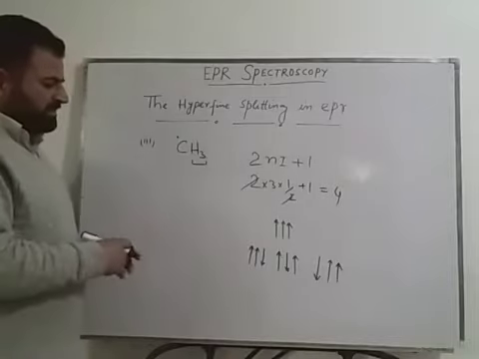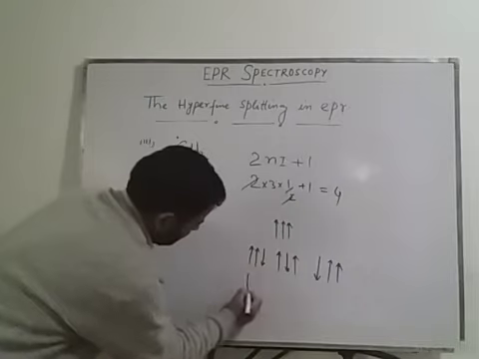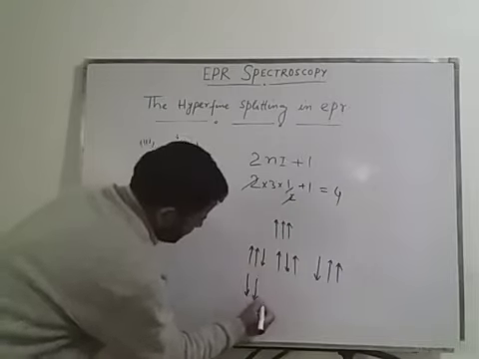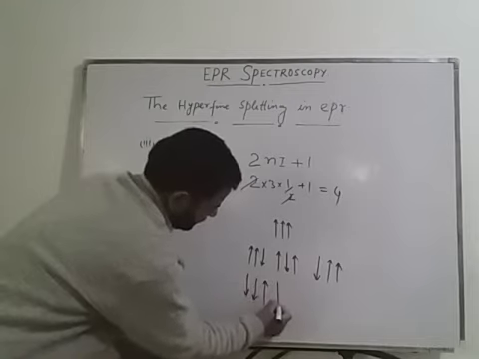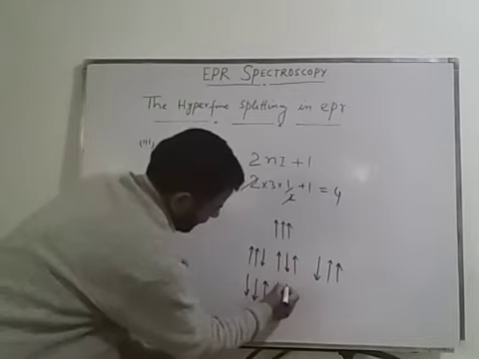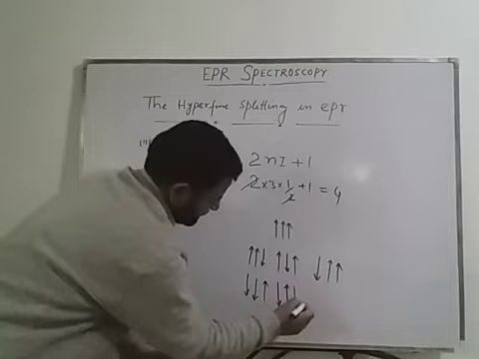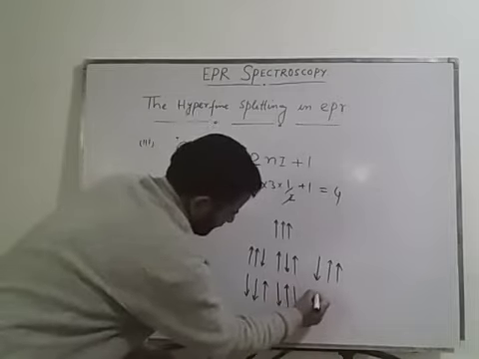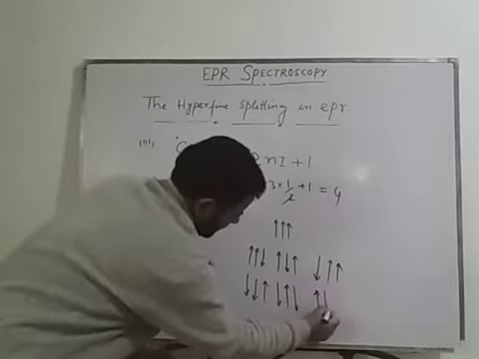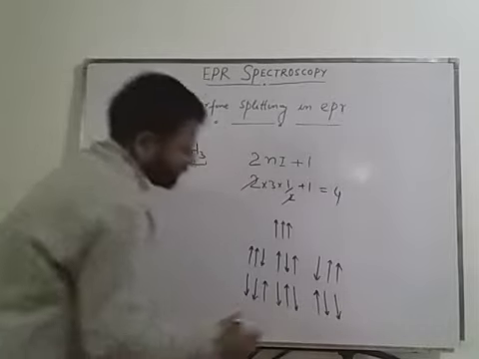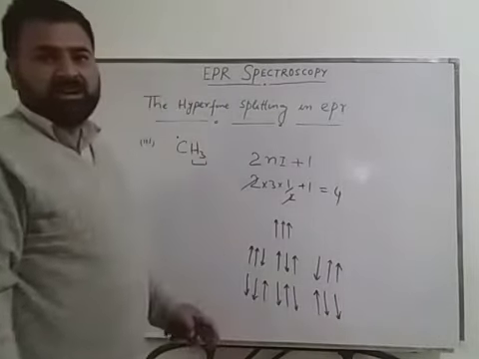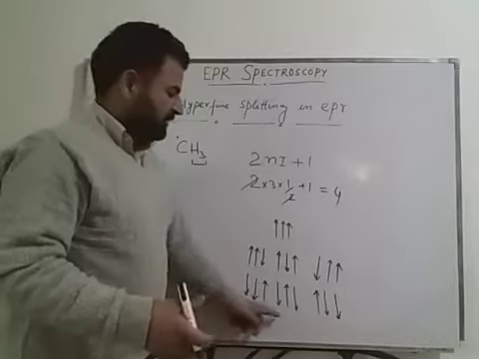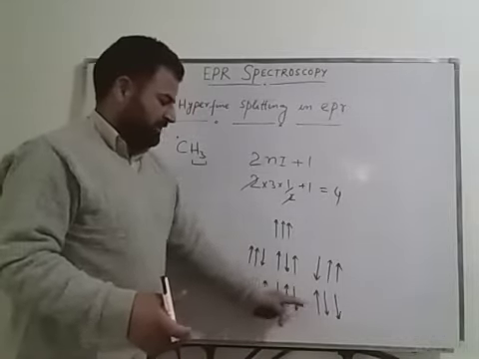Similarly, one more orientation can be like this: 2 will be downwards and 1 will be upwards. Here also only 1 will be upwards and 2 downwards, and here again. So all these 3 orientations are equivalent. There is equal probability of these 3 orientations.